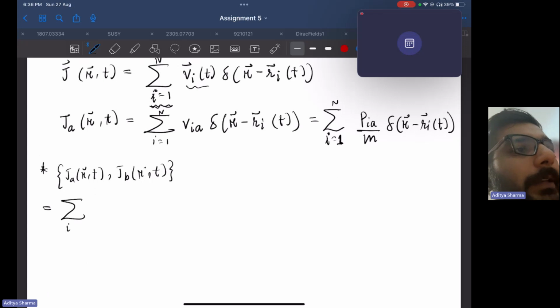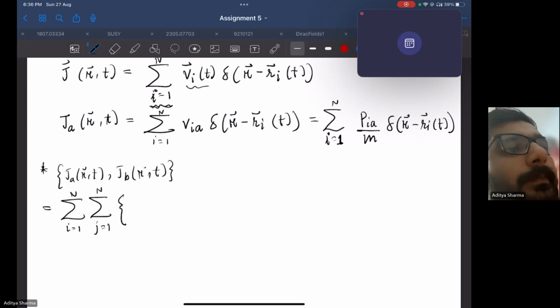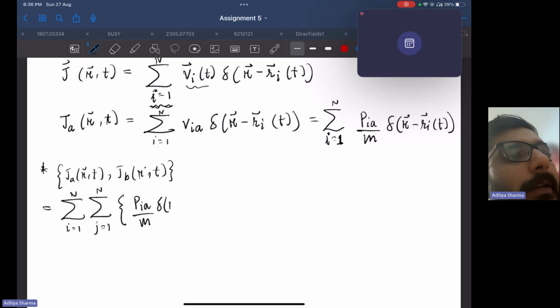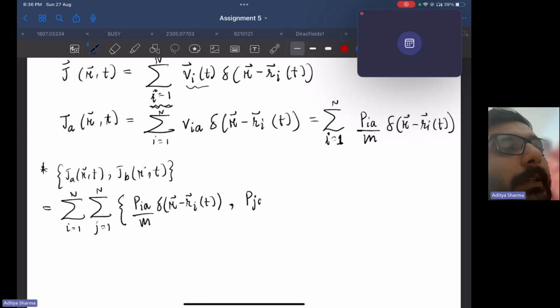Summation I from 1 to n, summation j from 1 to n, PIA by m Dirac delta R vector minus Ri vector of T, comma PJA by m Dirac delta R vector minus Rj vector of T.